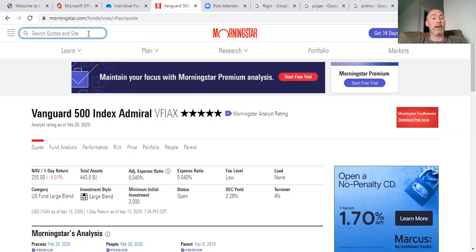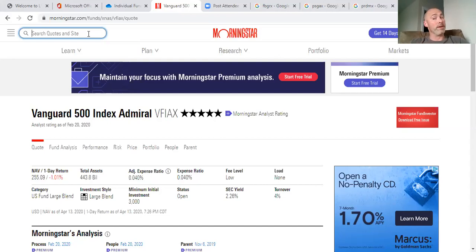This one we're looking at right here is an S&P 500 index fund. The best statistical representation of what the stock market did on a day-to-day basis is called the S&P. So if you hear the S&P was up 30 points, the S&P was down 100 points. S&P stands for Standard & Poor's 500.